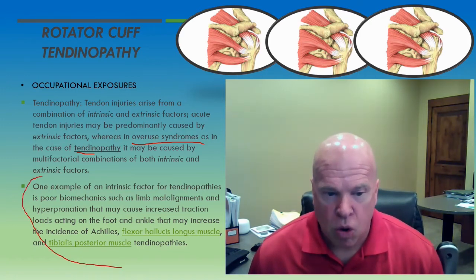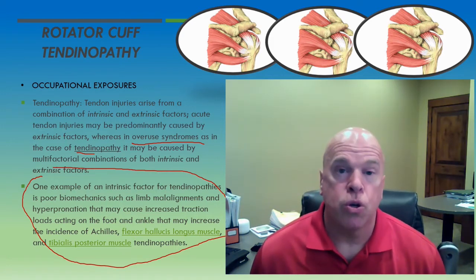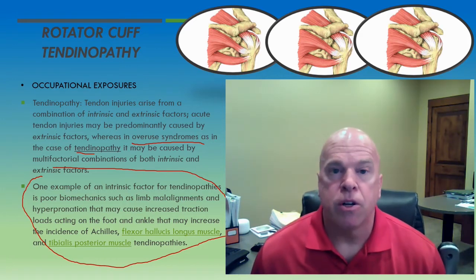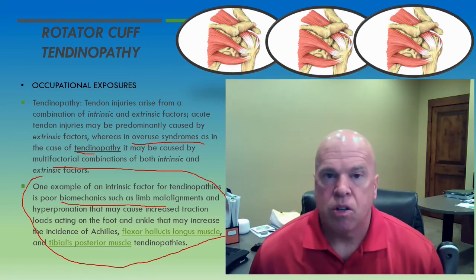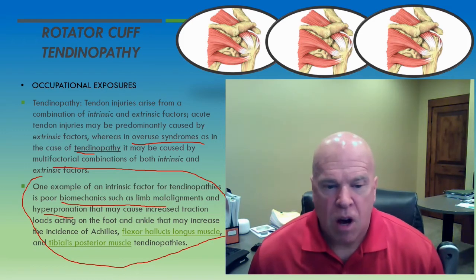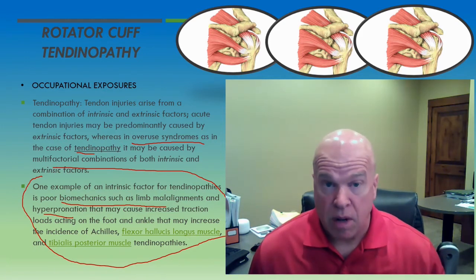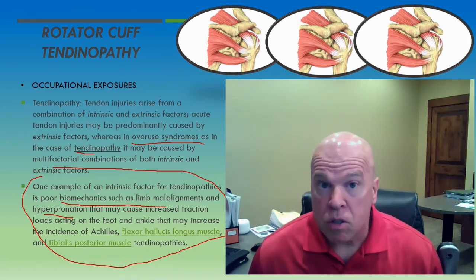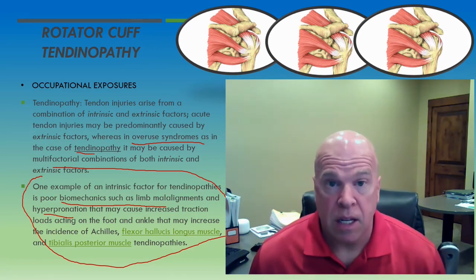Now, unrelated to the shoulder, but just as an example, in talking about another tendinopathy condition outside of the shoulder, such as Achilles tendinopathy, one example of an intrinsic factor for tendinopathies of the Achilles tendon is poor biomechanics, such as limb malalignments and hyperpronation of the foot that may cause increased traction loads acting on the foot and ankle that may increase the incidence of Achilles tendinitis, flexor hallucis longus tendinitis, and tibialis posterior tendinitis and tendinopathies.